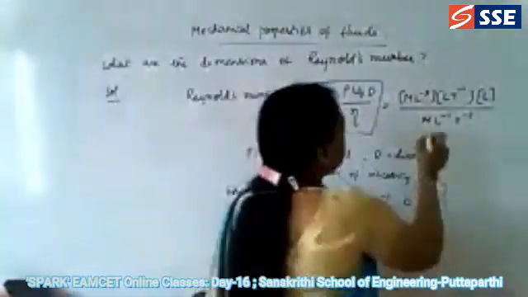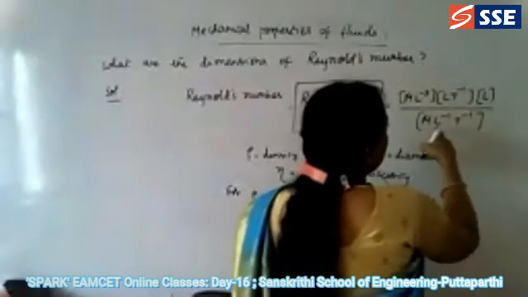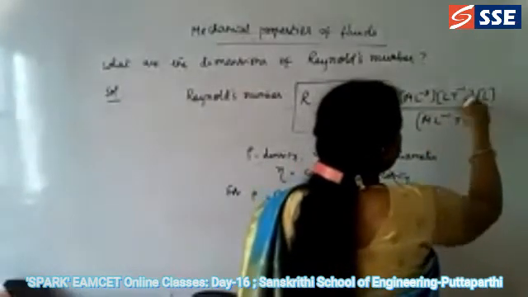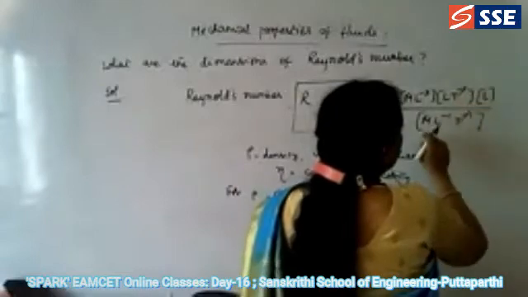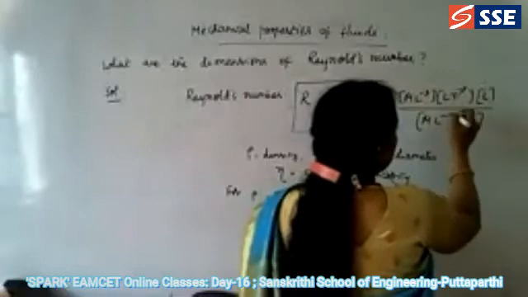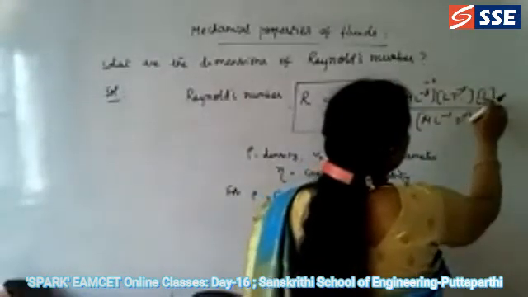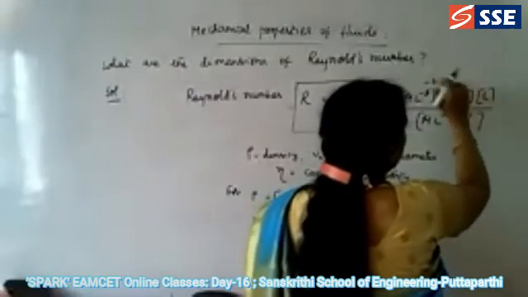Find out. Here you can cancel M, and LT power minus 1, T power minus 1, and then L power minus 3 is there. One L you can cancel, giving minus 2, and here L and L, these two are also cancelled.